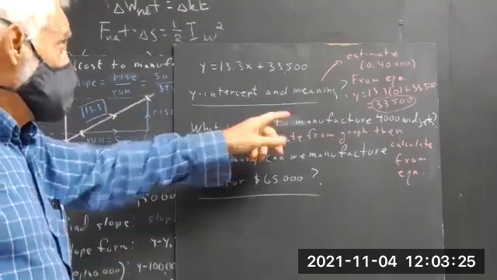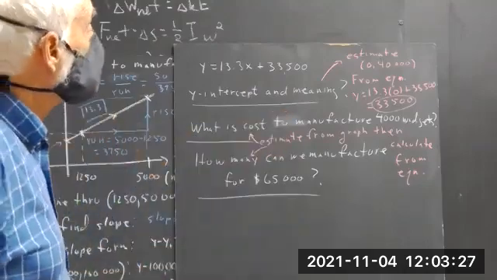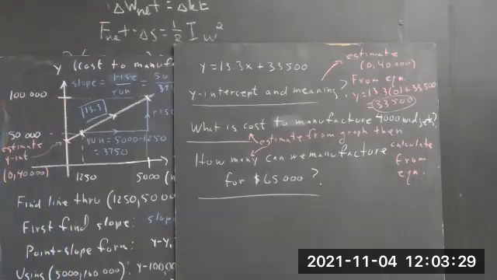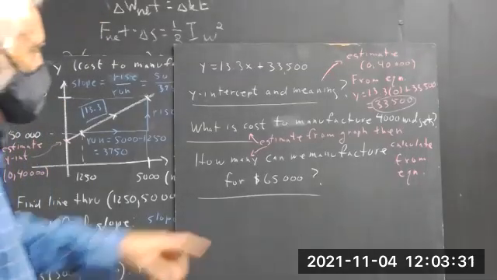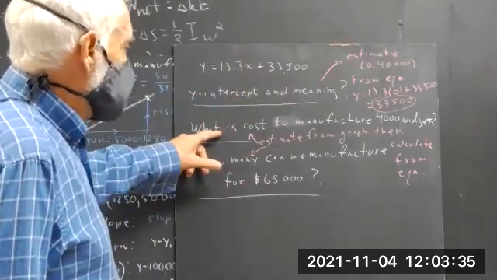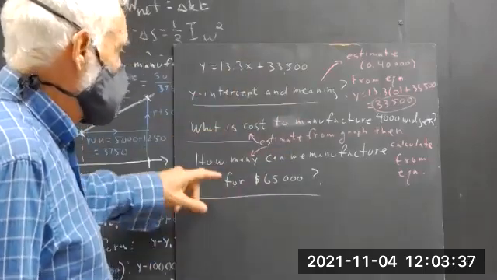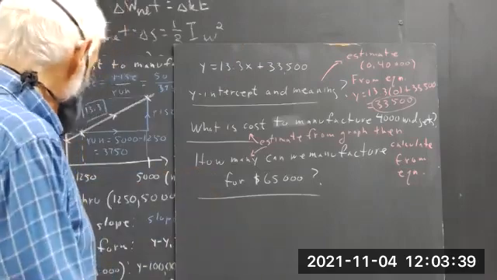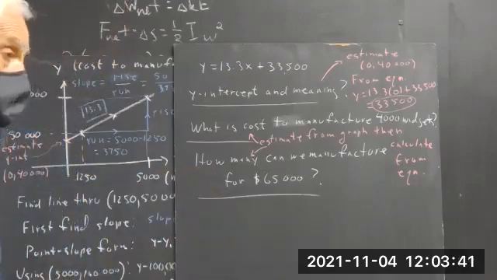Okay, well, that's an important thing to understand. Now, again, by estimates from the graph and then from the equation, what's the cost to manufacture 4,000 widgets and how many can be manufactured for $65,000?